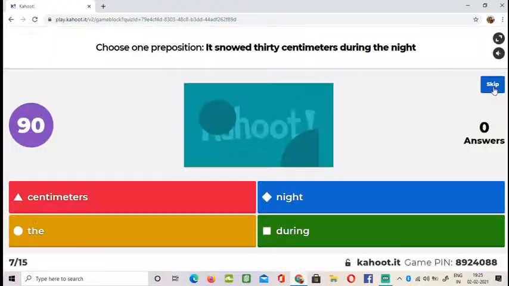You have to choose the preposition. It snowed 30 centimeters during the night. Okay, and the options are centimeters, night, the, during. I've got 3 answers already.